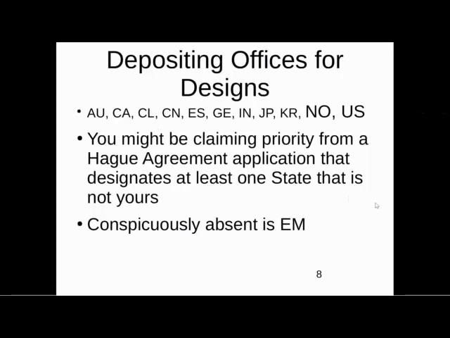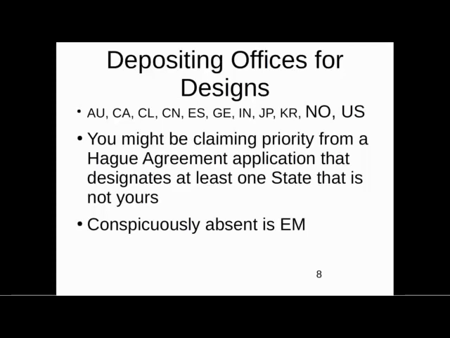Okay, another thing that we must be keeping in mind is that if you file a design application, and if we start making a list, what are all the things that you might claim priority from in the design application that you're filing? It's not only national design applications in other national offices or regional office in the case of EUIPO.